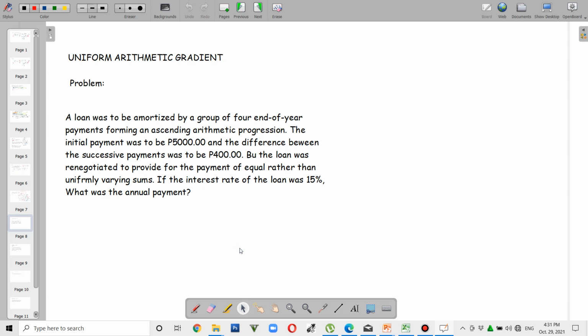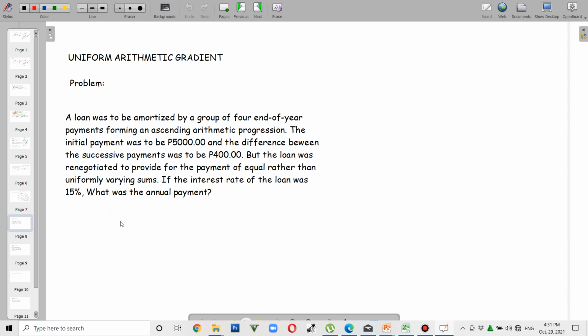The initial payment was to be 5,000 pesos and the difference between the successive payments was to be 400 pesos. But the loan was renegotiated to provide for the payment of equal rather than uniformly varying sums if the interest rate of the loan was 15%. What was the annual payment?